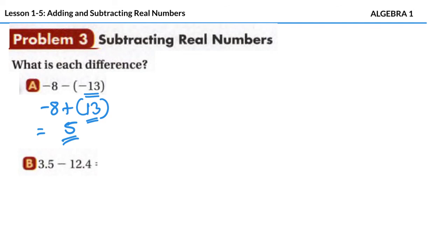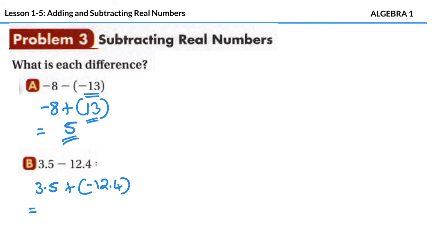3.5 minus 12.4. How would you go about doing this? So keep 3.5 as it is. Add the opposite of 12.4. Opposite of 12.4 is minus 12.4, negative 12.4. And now we know, what do we do here?